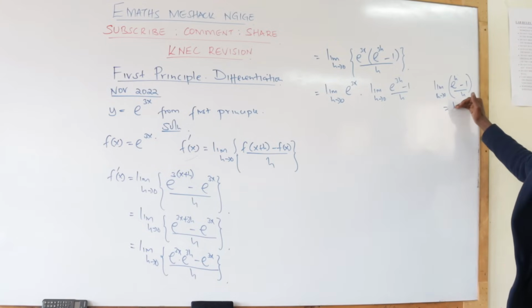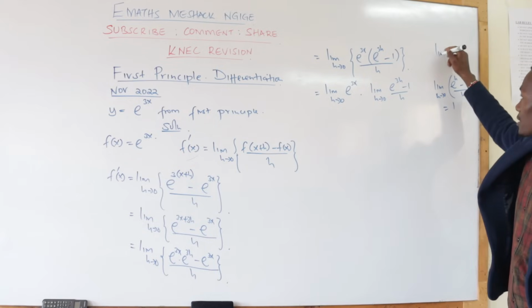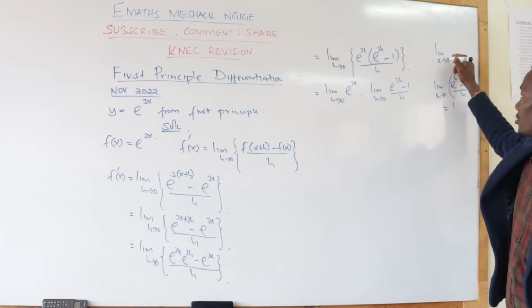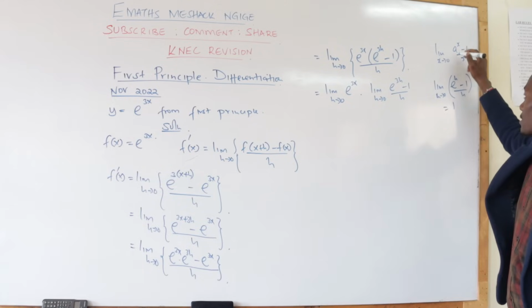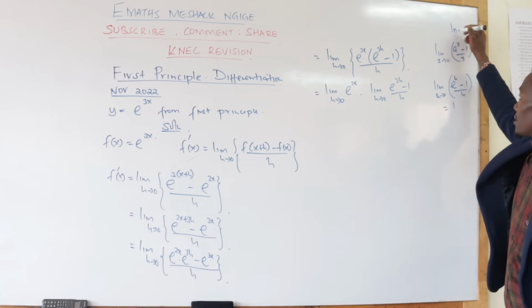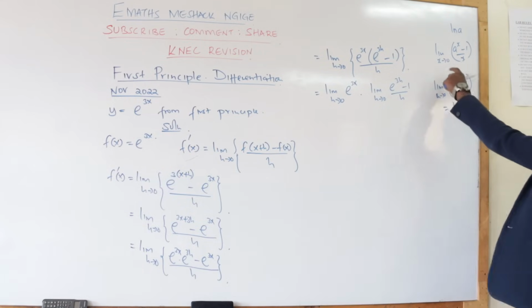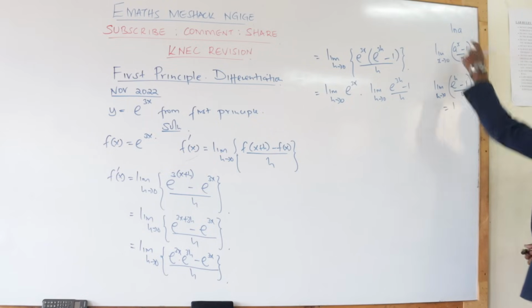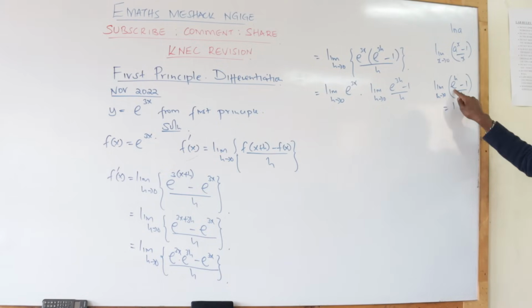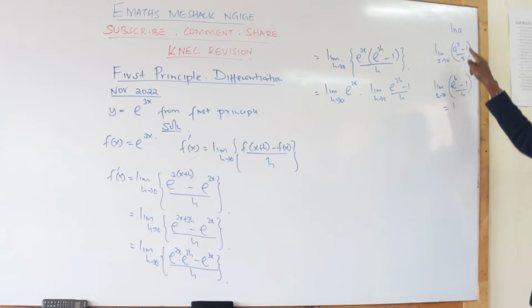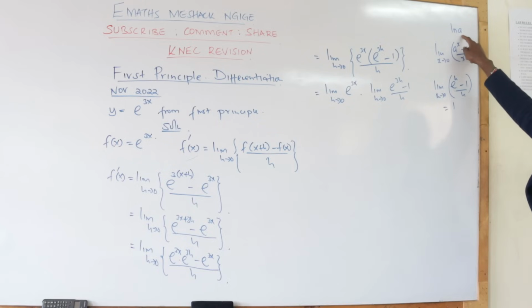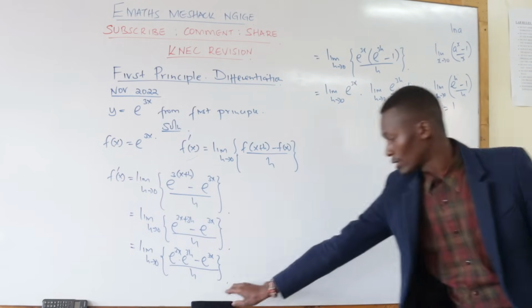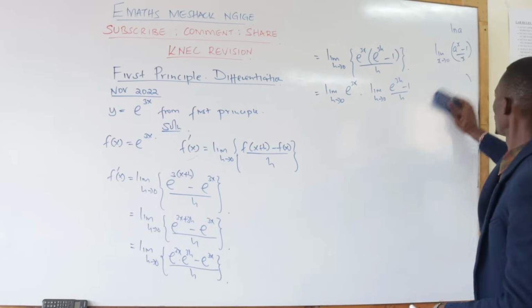But this one again translates from, if you have a limit as x tends to 0 of (a^x minus 1) over x, this one always gives you ln of a. So from limits, this gives you ln of a. But now, what is our a in this term? Our a is an exponent, and the natural log of an exponent is just 1.